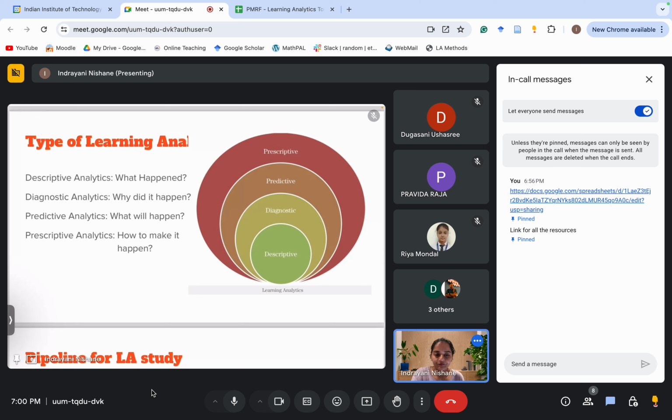So, I'll start with revision of the main focus of today's session. I have kept it on numericals and few of the encoding, one hot encoding, binary encoding, all those muddy points which you had mentioned. So that is the main focus of this revision session.